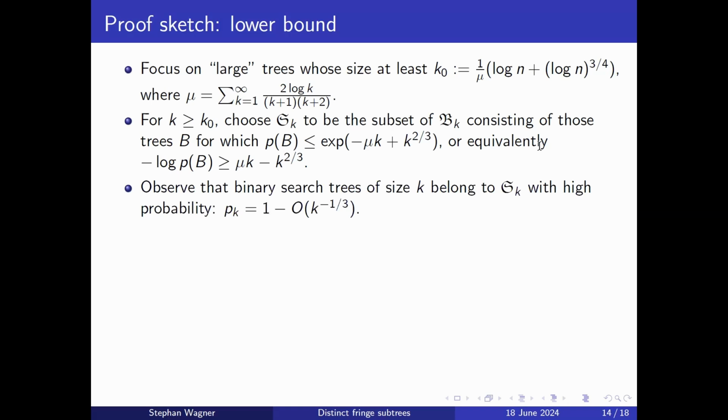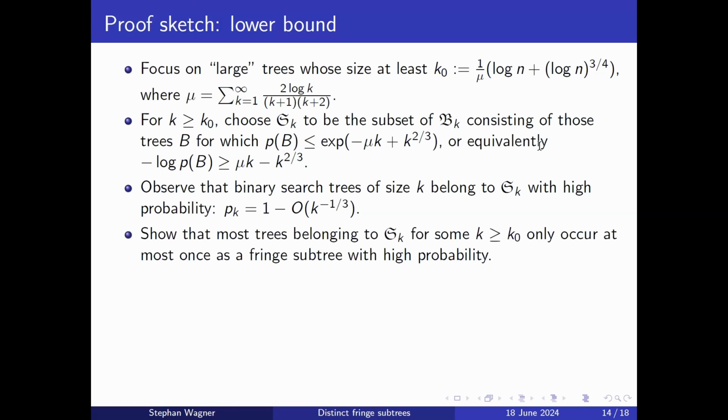So that's the observation here. If I pick this specific subset of trees, Sk, then with high probability, actually, a random binary search tree does satisfy this. So the pk that I had earlier, the probability that a random binary search tree belongs to Sk, is 1 minus a little bit.